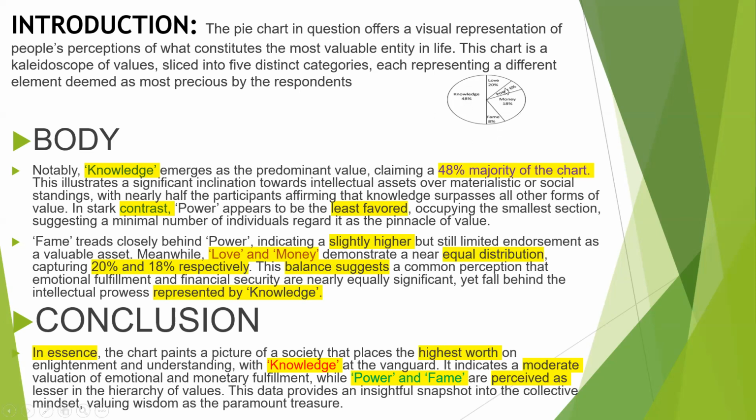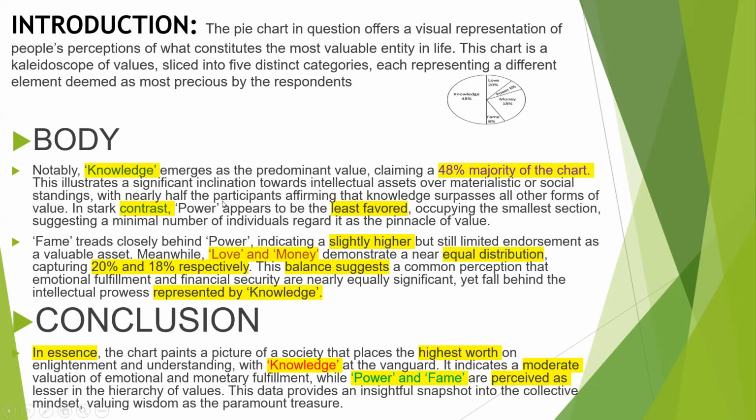So when you see the pie chart, you can understand how much it is varying. Knowledge is given majority, love is given the next importance, money is given the next importance, fame is given the next importance, and last but not the least comes the power, that is 6%.